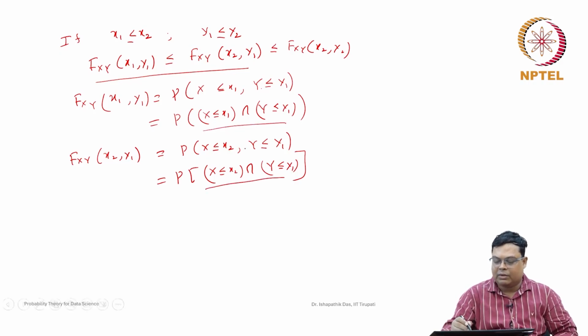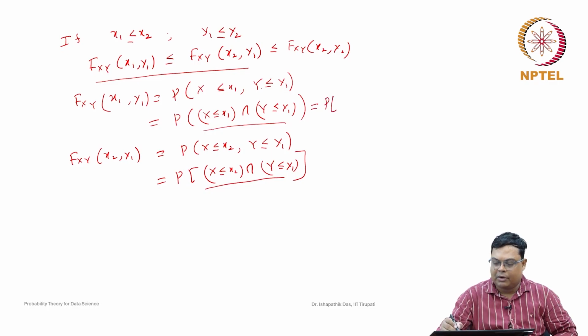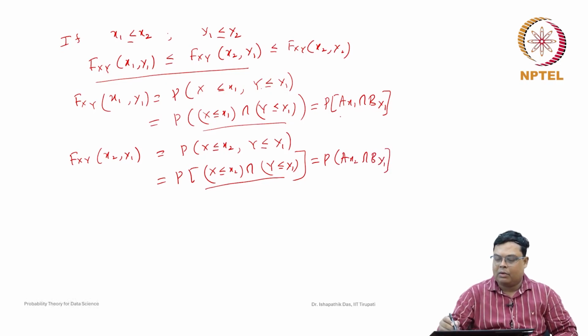See, in both the cases, suppose we write this as the probability of A_x1 intersection B_y1, and this is nothing but the probability of A_x2 intersection B_y1. Now, what is the relation between these?